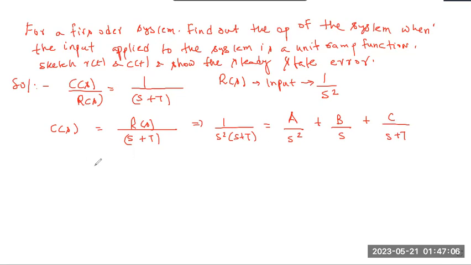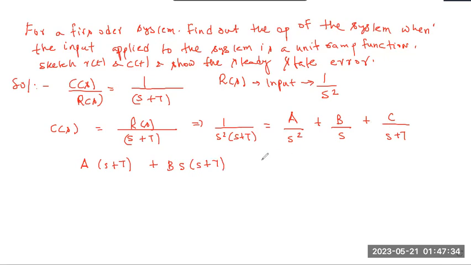Now if I take this expression common on this side, with respect to A I have the common term s square, so I need only the function s plus T. But with respect to B, you can see one s term is there but one s term is missing, so it would be s into (s plus T).